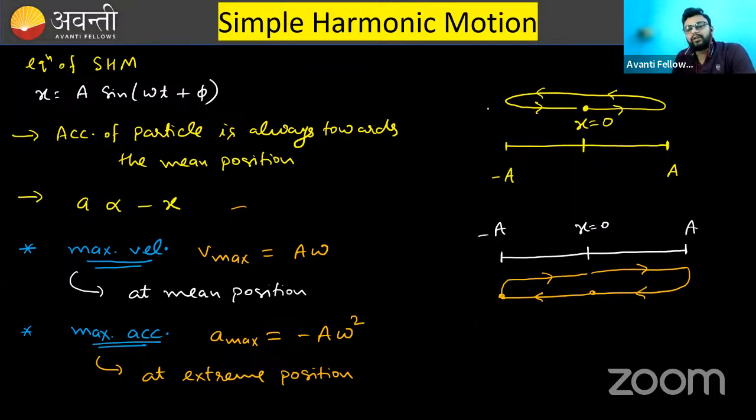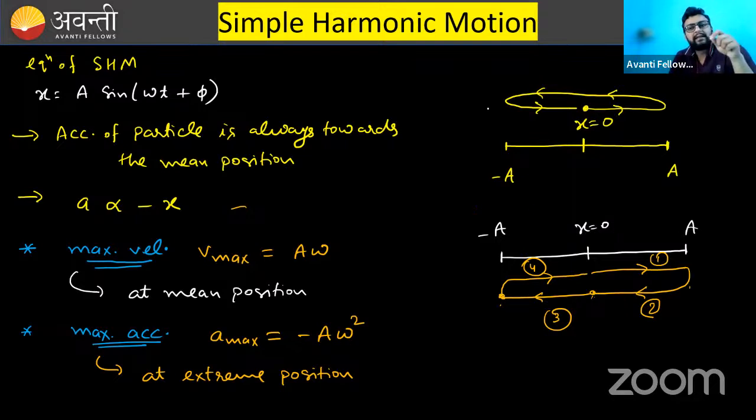So there are 4 steps: step 1, step 2, step 3, and step 4. We have broken this one oscillation into 4 parts: from mean position to positive extreme, from positive extreme to mean position, then from mean position to negative extreme, and again from negative extreme to mean position.